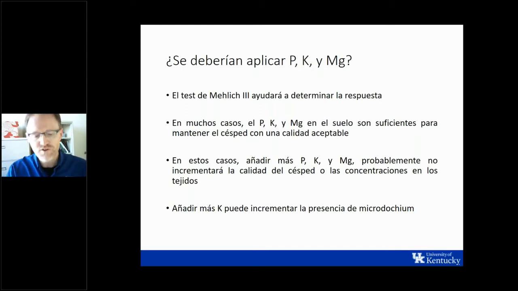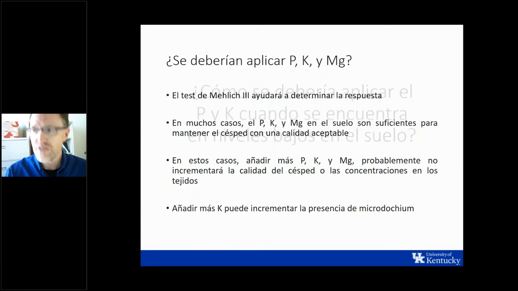So in most cases, under most normal conditions, the application of P and K and magnesium either is unnecessary or you only need to apply small quantities of potassium and magnesium, okay? There are clearly cases where phosphorus and potassium are warranted. But generally speaking, they're not, okay, on native soils.